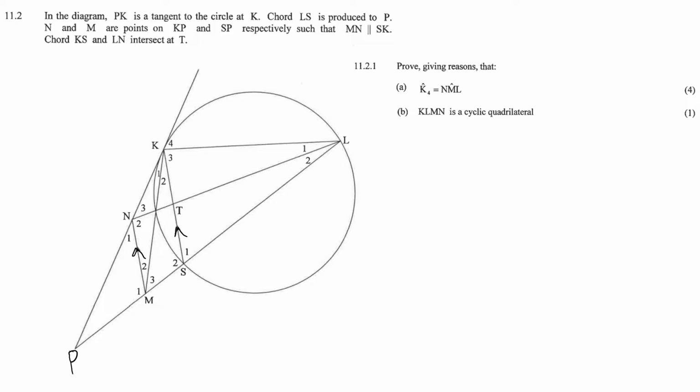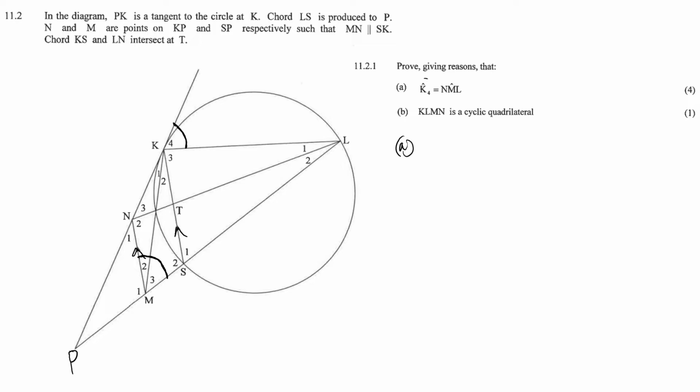So 11.2.1, they want us to prove, giving reasons, that angle K4, this angle there, is equal to angle MNL. It's that angle there. So they want us to prove. How do we prove that angles are equal? There's a very simple, straightforward method. What you do is you check what each angle is equal to.